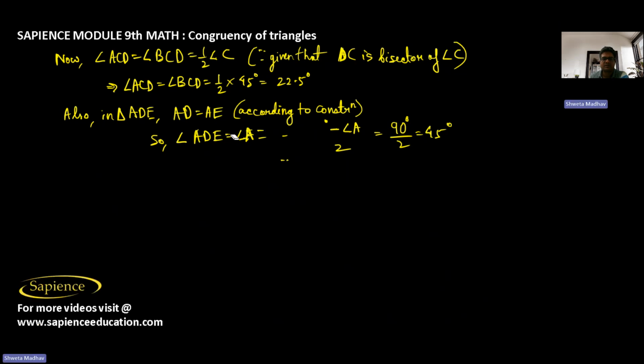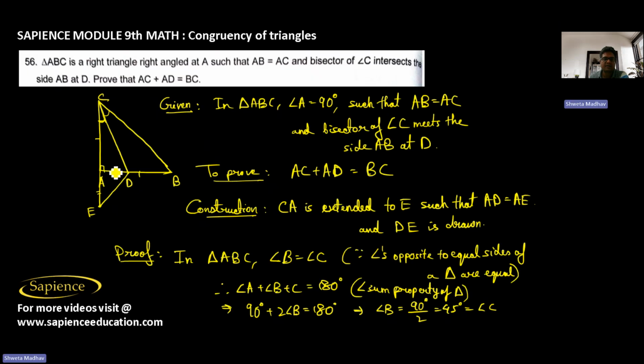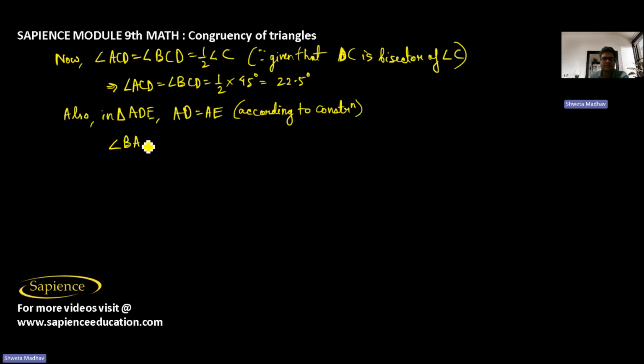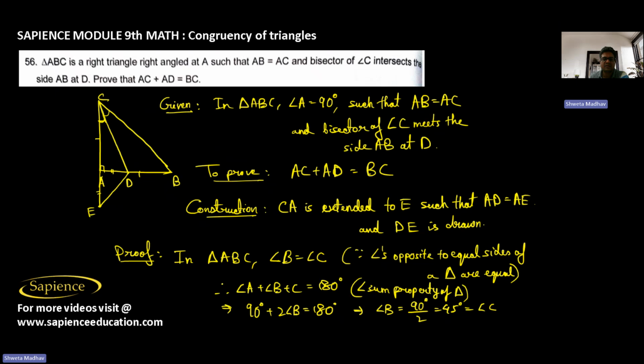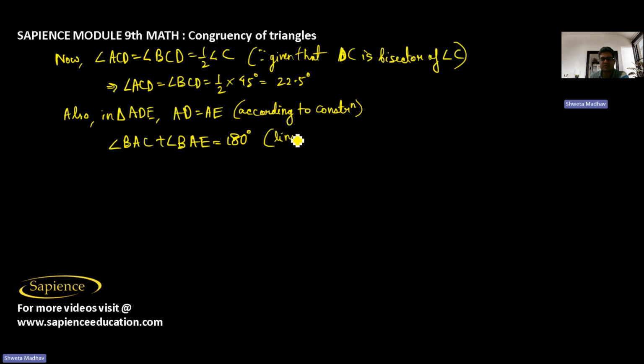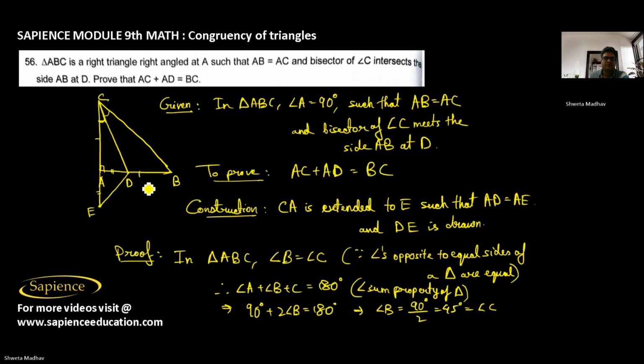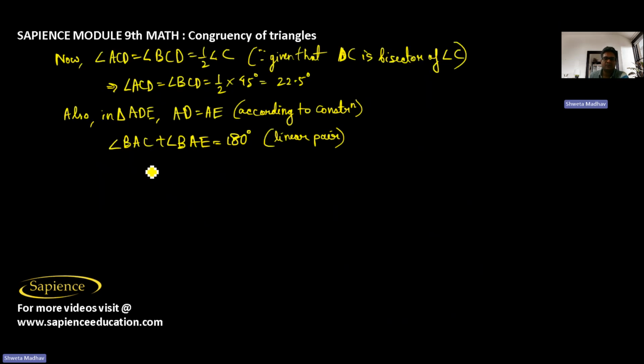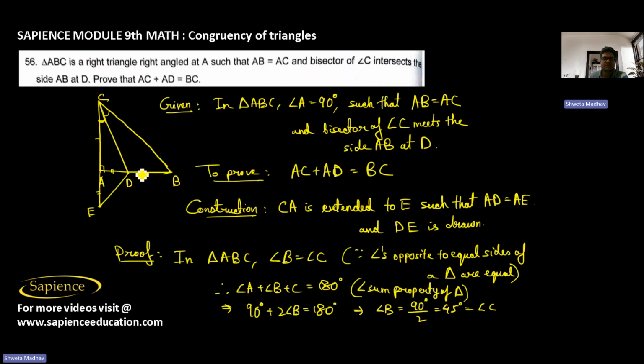First we have to write this actually. So first we will write that angle BAC plus angle BAE is equal to 180 degrees, since it is forming a linear pair.